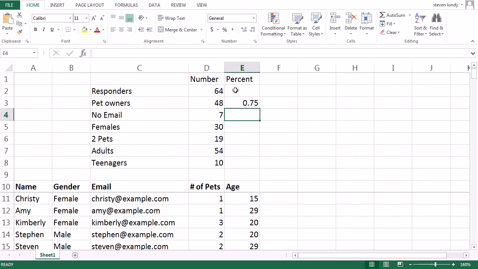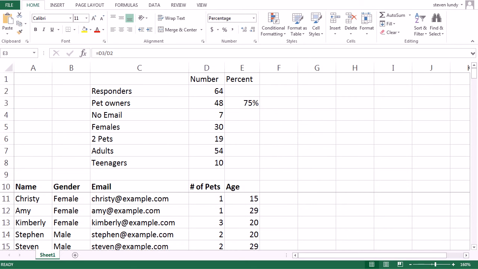You'll notice that when Excel does the division, we end up with a decimal number. This is because percentages are always technically fractions over 100. To view the value with a percent sign, just tell Excel to interpret the number as a percent by clicking on the option in the ribbon.